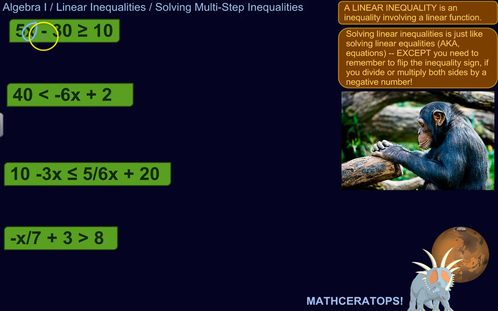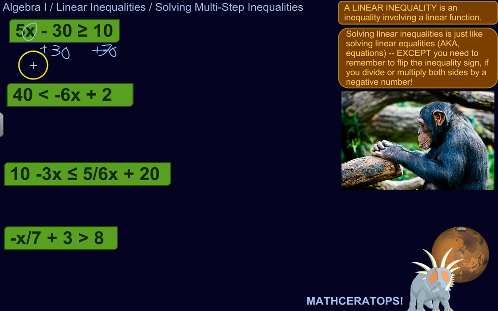I'm subtracting 30 here, so to undo that, so to speak, I'm going to add 30. Negative 30 plus 30 is 0, so that would just disappear, and whatever I do to one side of an inequality, I have to do to the other side, just like with equations. So I'm going to add 30 to the other side too.